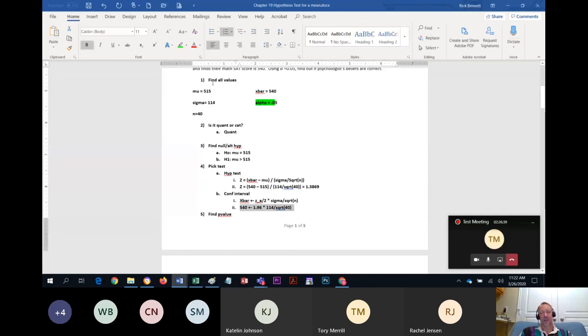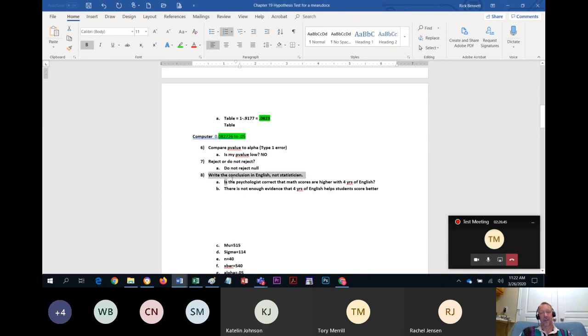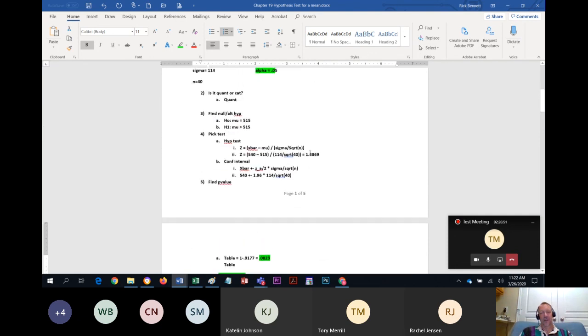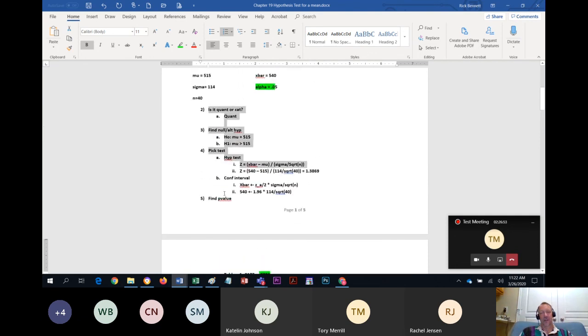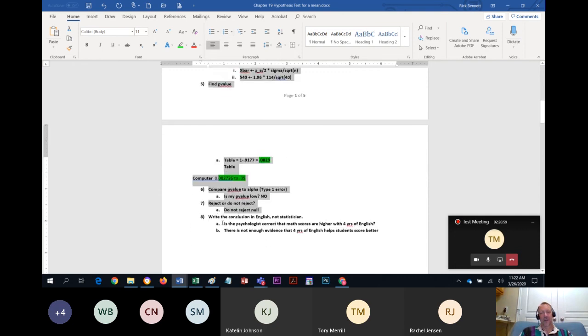So let me just tell you something. This is hard. I know that it's hard, and the interpretation right here is the hardest part. What's really sad to me is when students do all of the steps correctly, they get down here, and then they write the wrong conclusion. It's like tripping at the finish line.